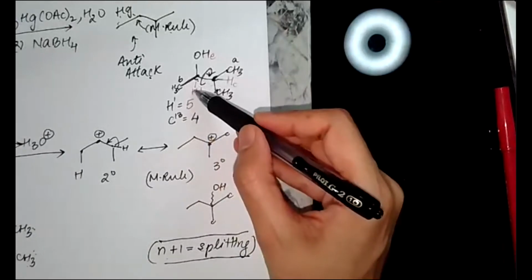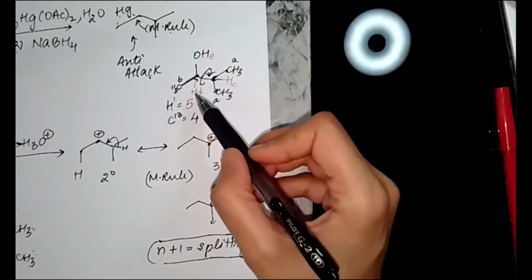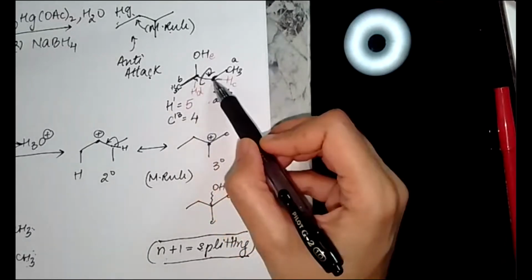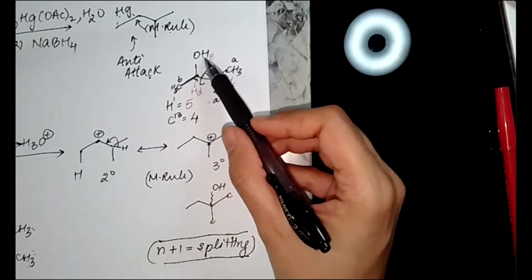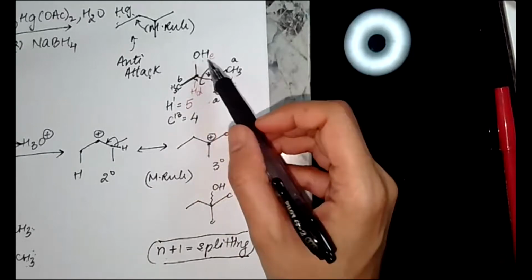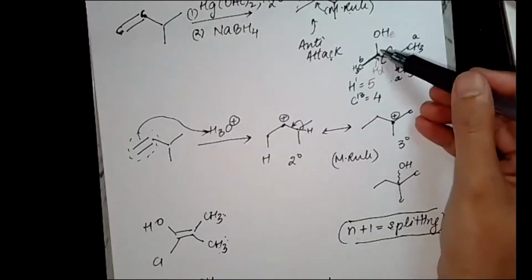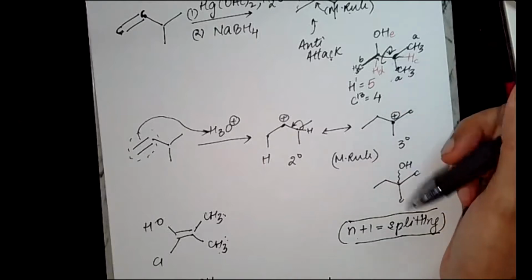If you look at this particular hydrogen, how many neighbors does it have? 3 on this carbon, 1 on this carbon. What about this hydrogen on this oxygen? Will we consider this hydrogen as a neighbor to these hydrogens?